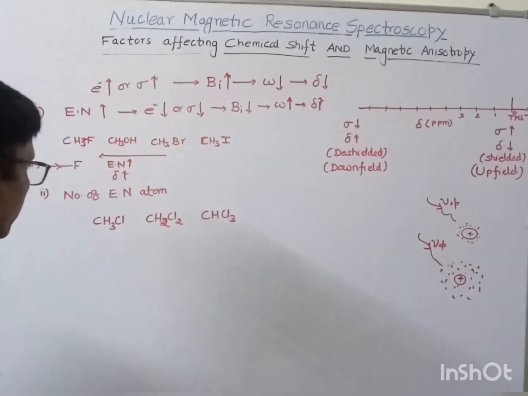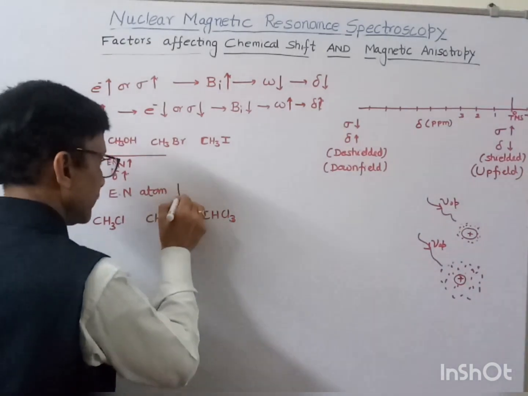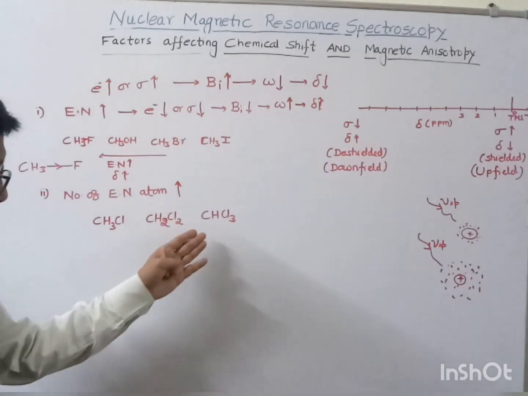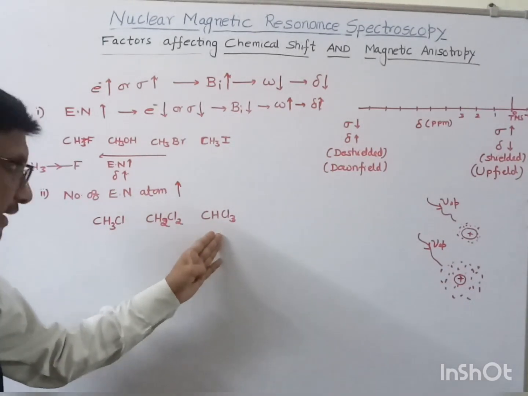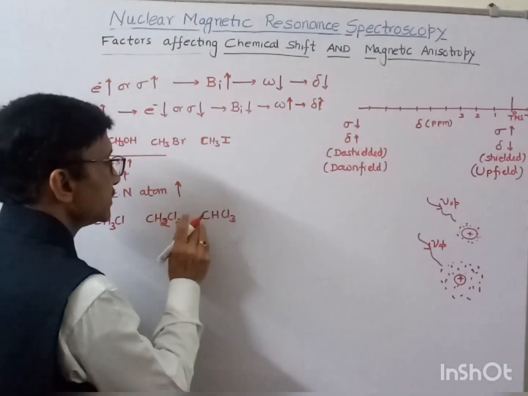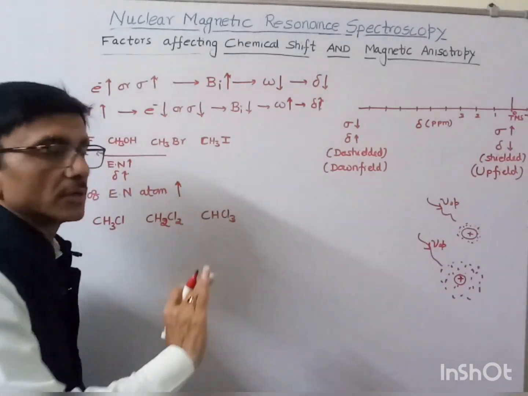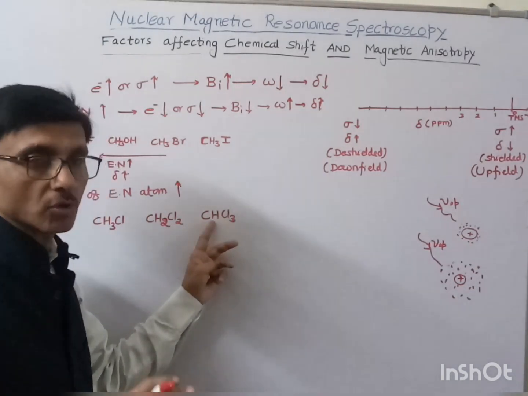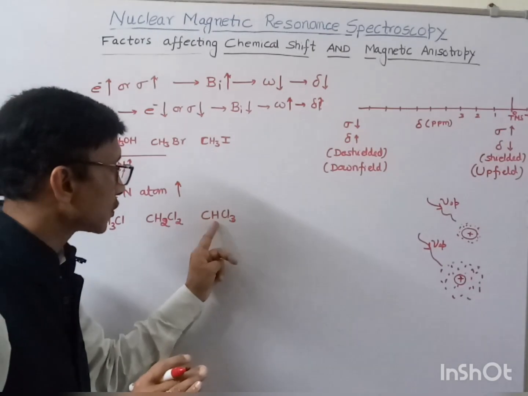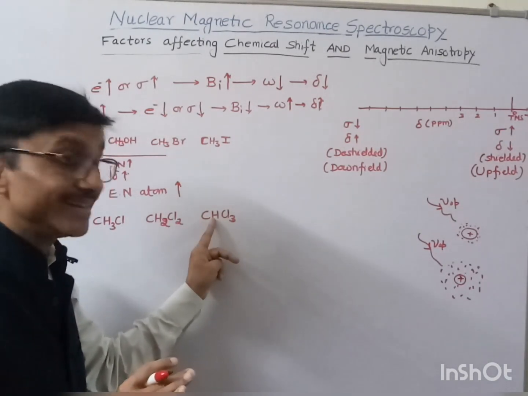So if the number of electronegative atoms increases, what will happen? As you can see in this case, chloroform has the highest number of electronegative atoms, 3 electronegative atoms. So if this increases, then it will pull the electrons surrounding the proton much more. It will pull the electrons more. So the electrons surrounding this proton will decrease.